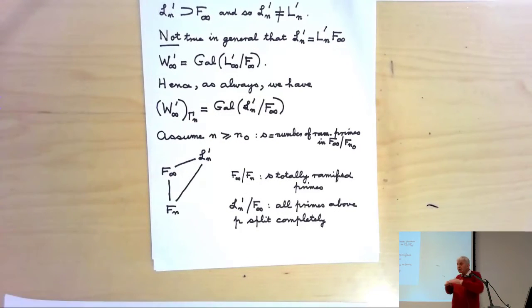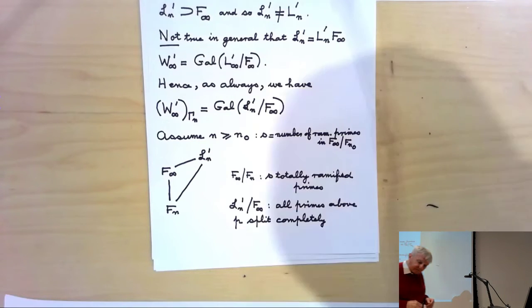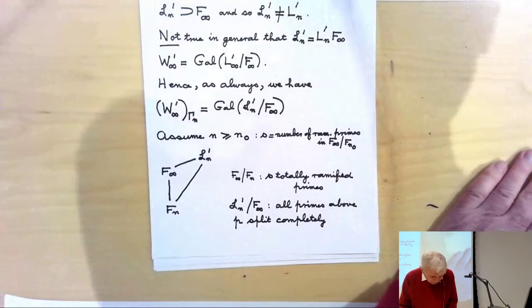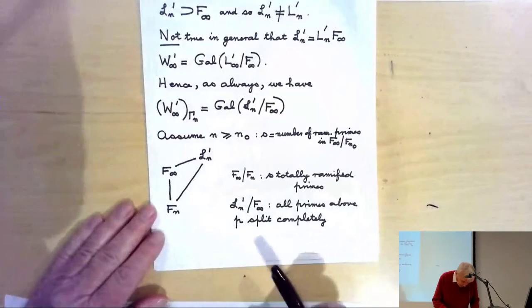And you see, from n naught onwards, there is a fixed number of primes ramifying, right? Because they're all totally ramified from then on. And so I'm going to write S for this fixed number. S is the set of primes which ramify in this extension.